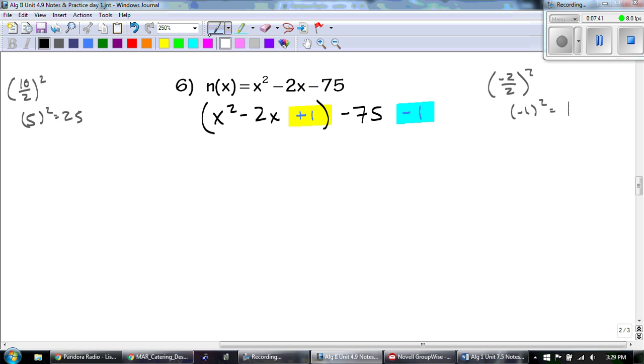Now let's break that bad boy down. What numbers multiply to get to positive 1 but add to get to negative 2? Yeah, the only numbers that multiply to 1 are 1 and 1, but they're both negative. Okay? So we have x squared minus 1x minus 1x plus 1.